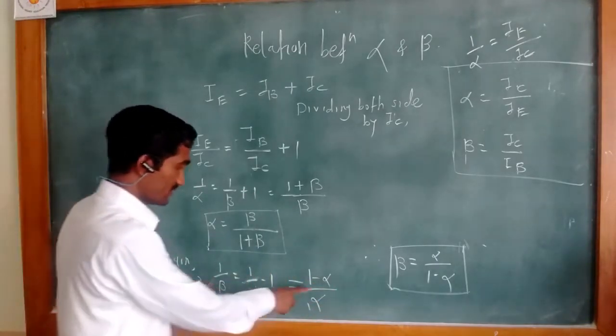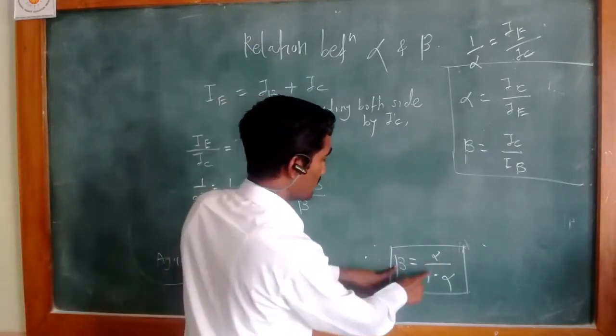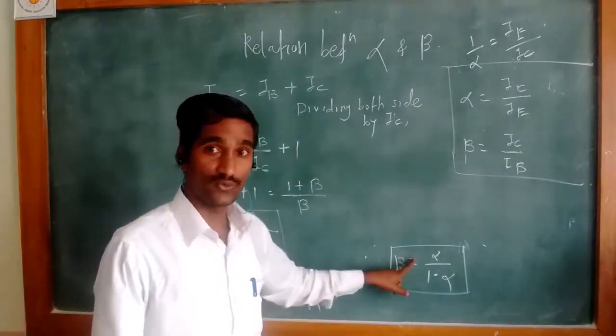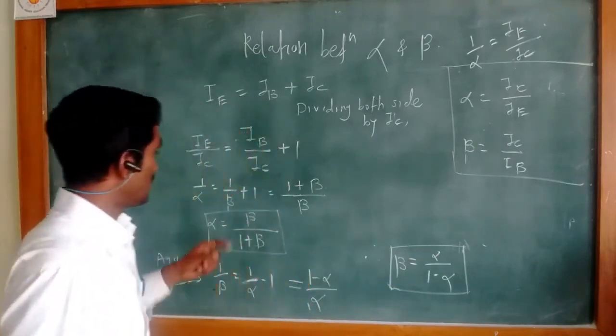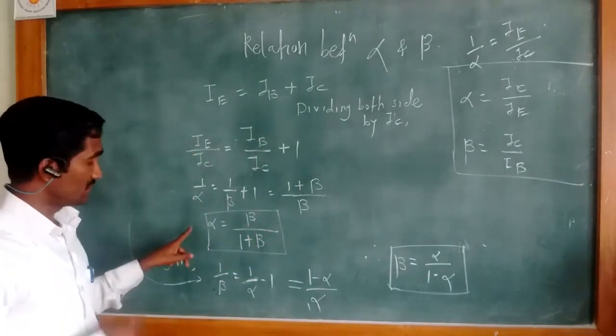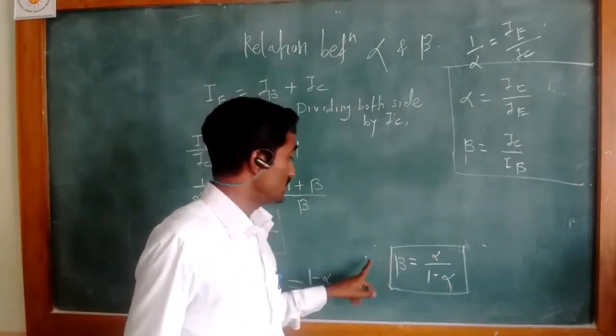So we get beta is equal to alpha divided by 1 minus alpha. These two equations give the relation between alpha and beta. Once you know the value of beta, we can find the value of alpha, and if we know the value of alpha, we can find the value of beta.